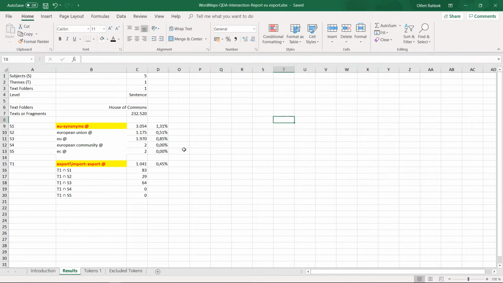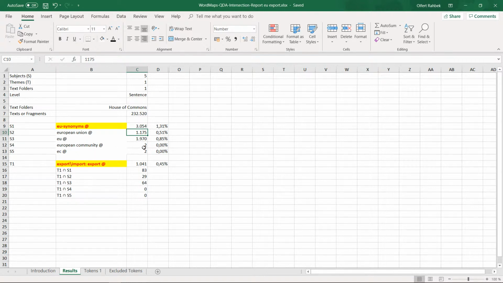The results here, we have found that there are 200,000, well, a little bit more, 232,000 sentences. And in 3,054 of these, some or other reference to EU is present. We can see that the biggest chunk is the short abbreviation, 1,970 occurrences. Number 2 is European Union.